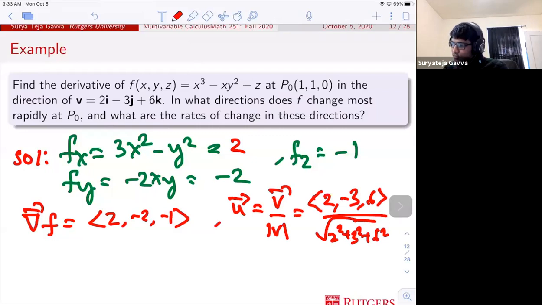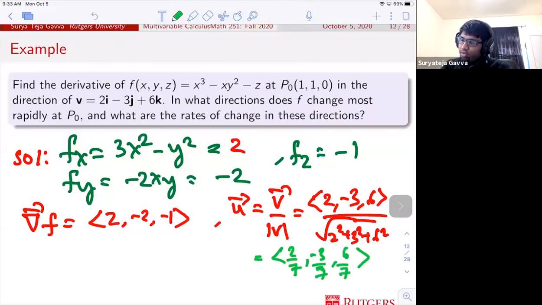And this is 7, so the denominator is 7. So this vector is 2 over 7, minus 3 over 7, and 6 over 7.